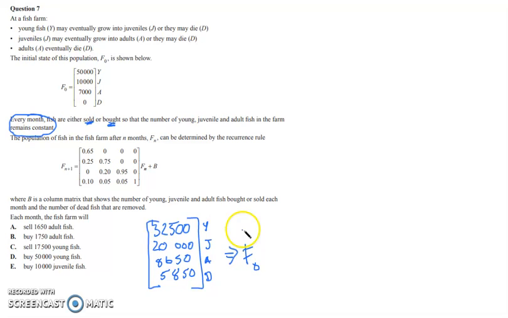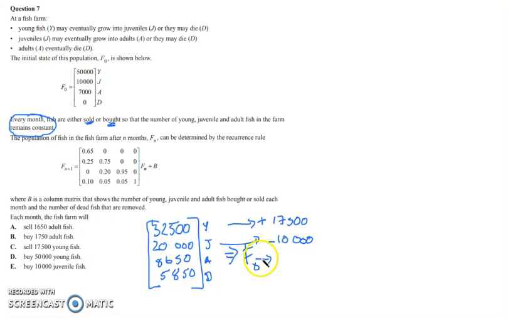The difference is that for the young, we would need to add 17,500 to get it to 50,000. The juveniles, we would need to subtract 10,000 to get it from 20,000 to 10,000.